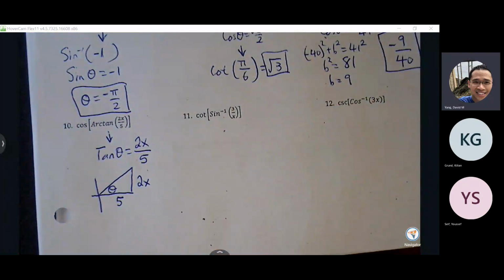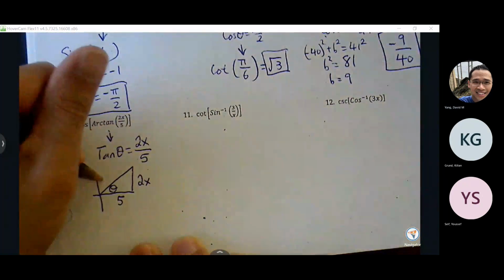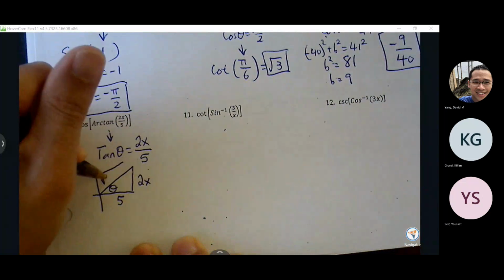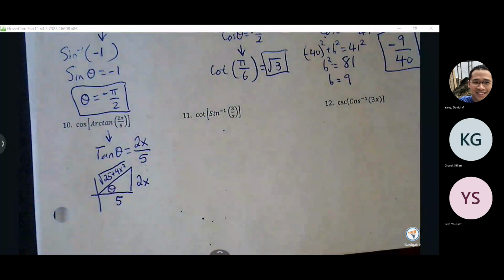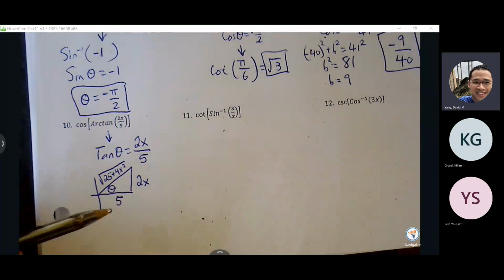A squared plus b squared equals c squared. Cosine of theta is just adjacent over hypotenuse.